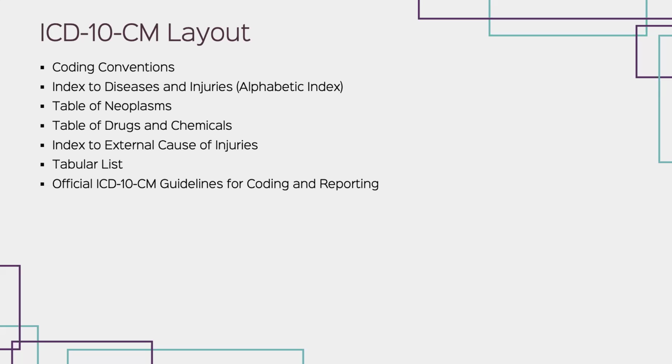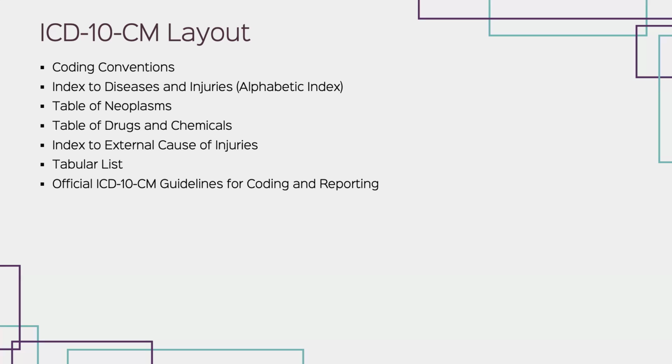So you're going to have coding conventions. You're going to have an index to diseases. You're going to have a table of neoplasms, a table of drugs and chemicals, an index to external causes of injuries. And then you're going to have a tabular list. That tabular list is basically going to give you your code descriptions.